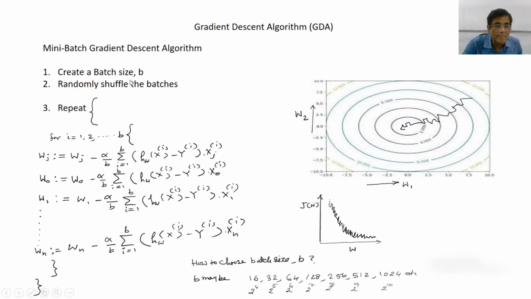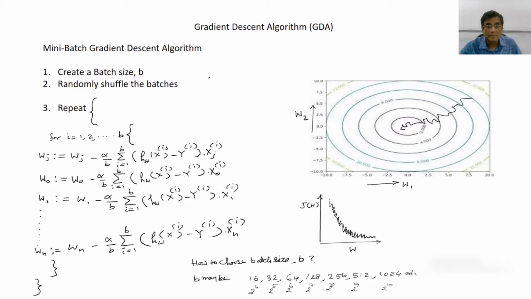Here you create a batch size B. Suppose I have huge samples, millions, but we create a batch size B and allow that batch to be taken randomly. So again you sample.